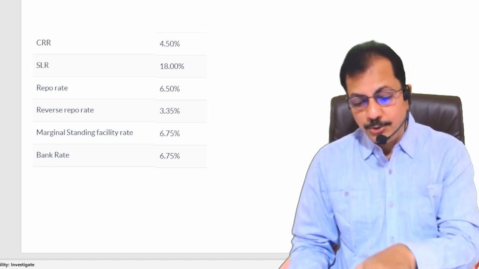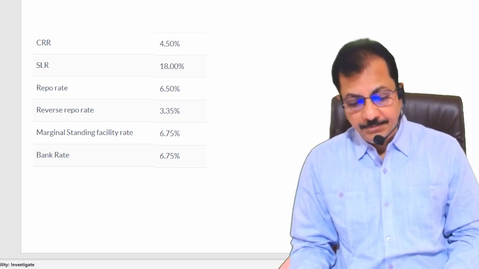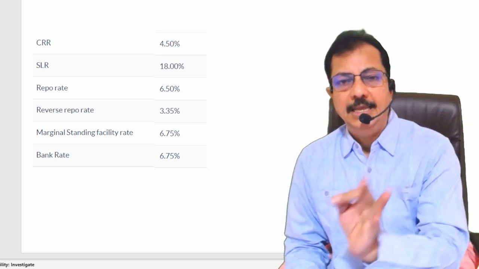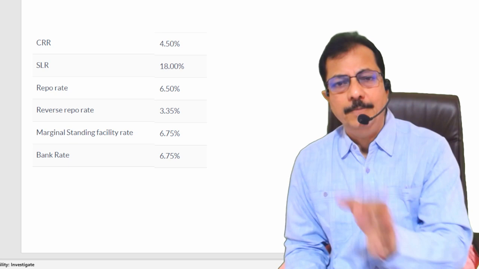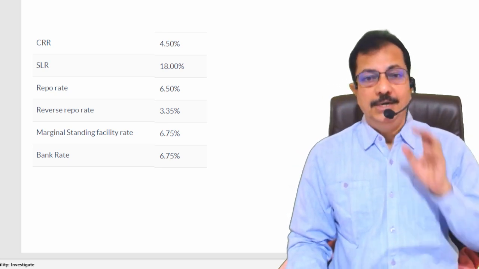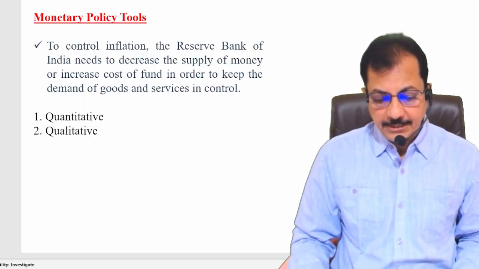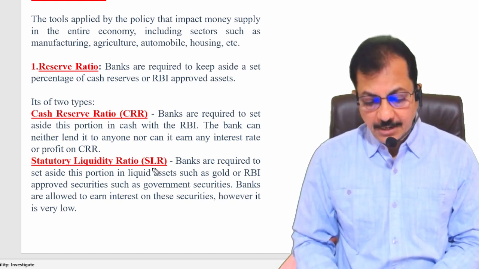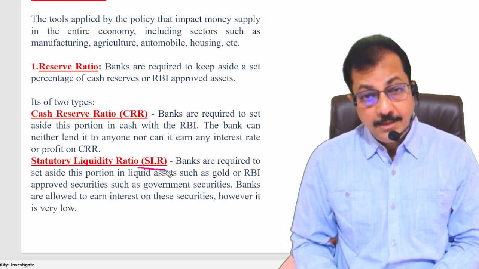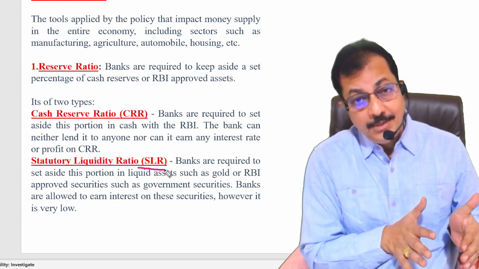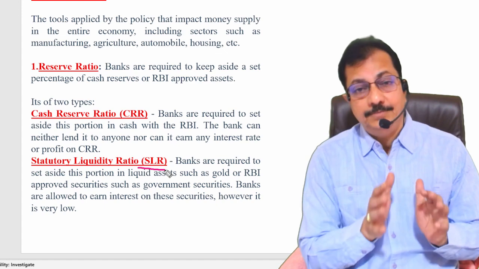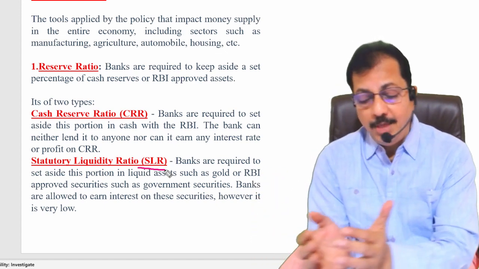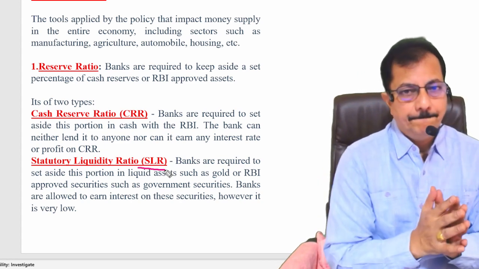Am I clear? Also look at SLR, how much? 18%. Sorry, SLR, I'm sorry. CRR, SLR: cash reserve ratio, statutory liquidity ratio. Clear? Next, let's go ahead. Now look at this. SLR is also a reserve ratio, and CRR is also a reserve ratio. Reserve ratio means from the amount that is available, you have to reserve with the RBI.